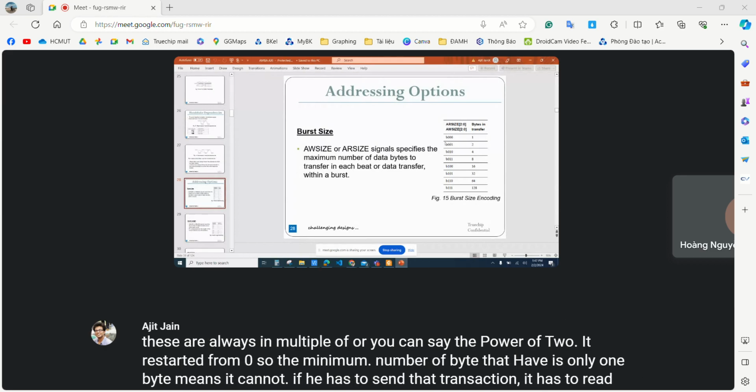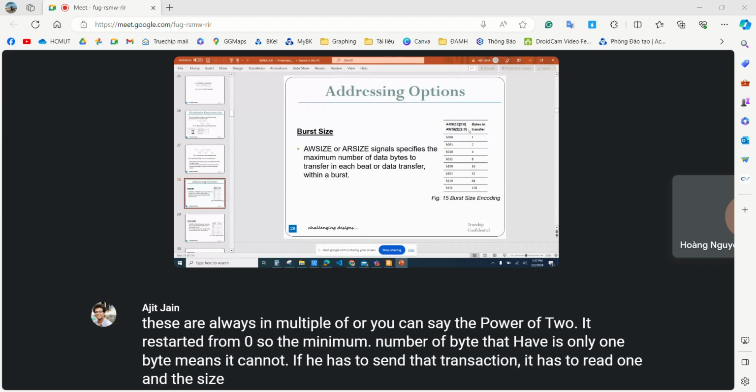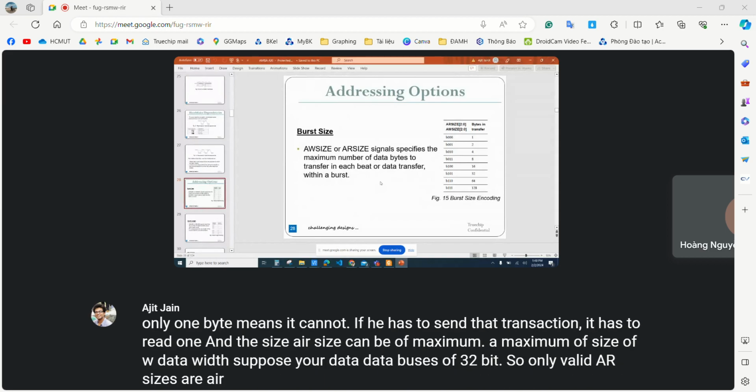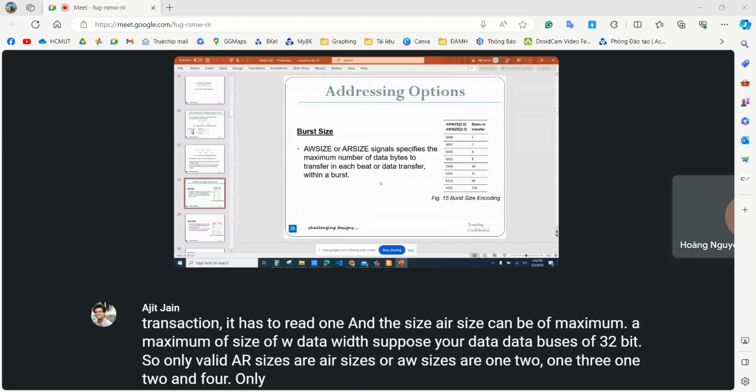And the size can be at most the size of the data width. Suppose your data bus is 32-bit, so the only valid AR sizes or AW sizes are 0, 1 and 2, meaning 1, 2 and 4 bytes.